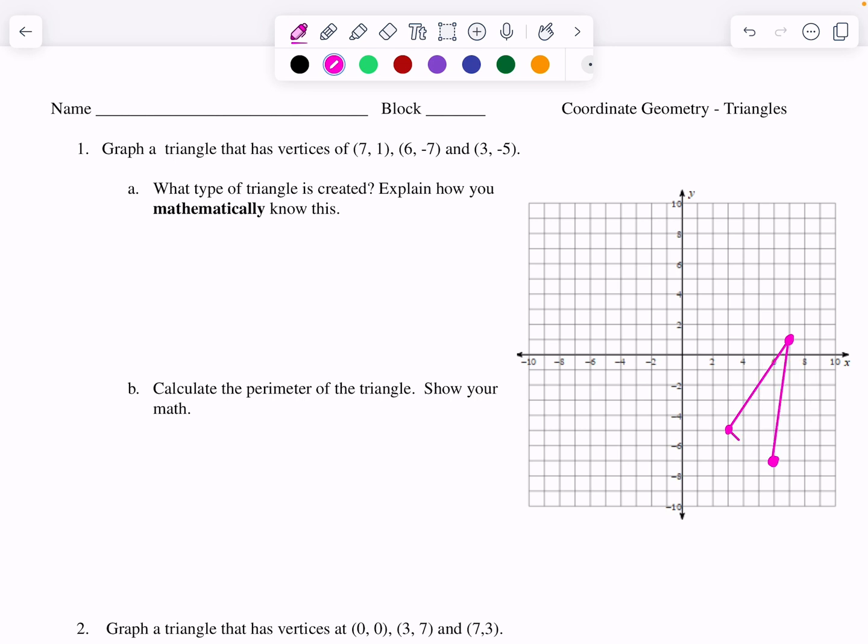So if you remember from class or from the previous video, there are two things that I need to calculate, right? I need to calculate the distance and the slope of this triangle. So I'm going to start with the distances first, okay?